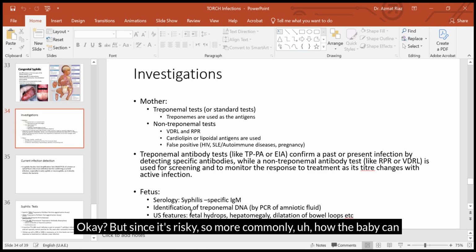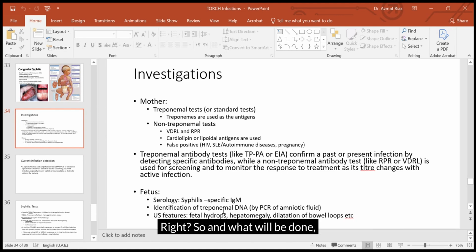Since it's risky, more commonly the baby is investigated by amniocentesis rather than cordocentesis. What test will be performed? It's PCR of the amniotic fluid for identification of the treponemal DNA.